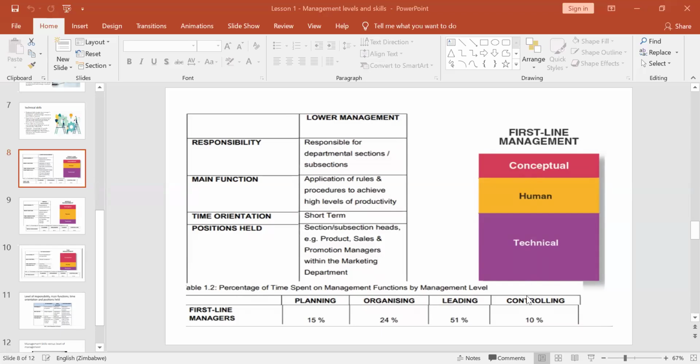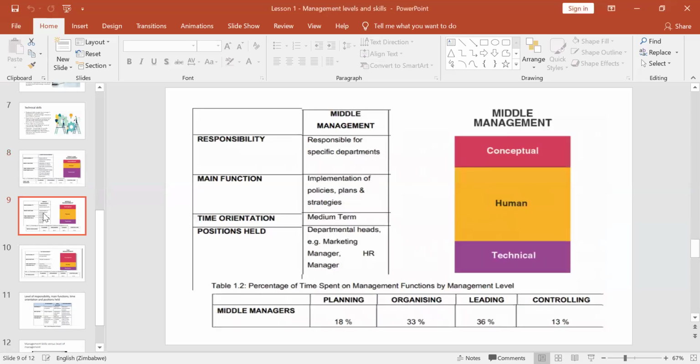And their time orientation is short term. They are planning, they are controlling, everything is short term. It's usually on a day-to-day basis or just weekly and so on, but they will not sit down and plan for what they will be doing 5 years from now.